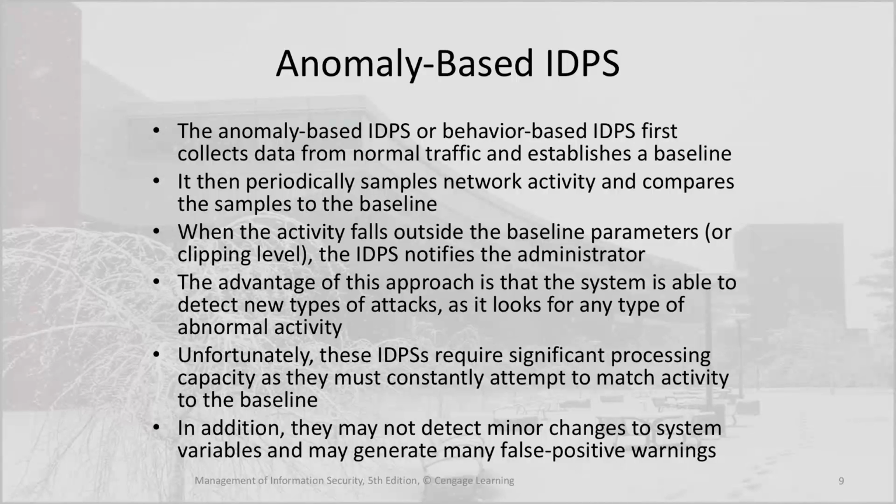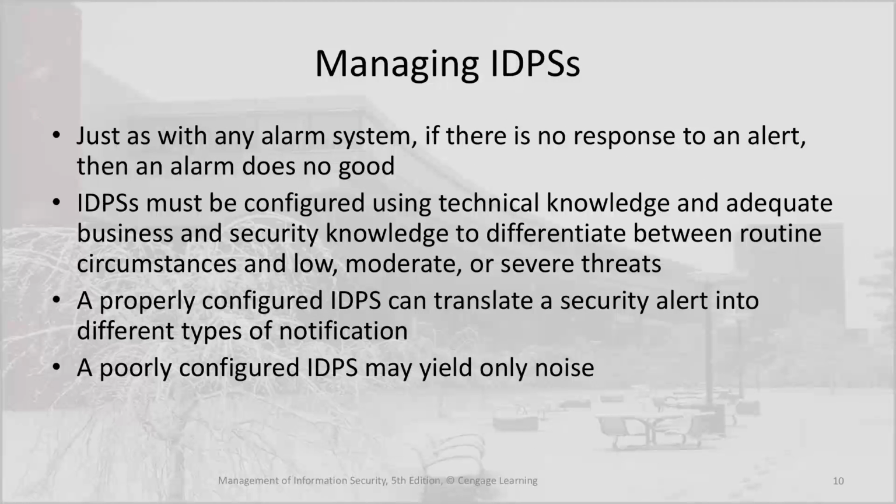The advantage of this approach is that the system is able to detect new types of attacks as it looks for any kind of abnormal activity. Unfortunately, these IDPSs require significant processing capacity as they must constantly attempt to match activity to the baseline. In addition, they may not detect minor changes to system variables and may generate many false positive warnings.